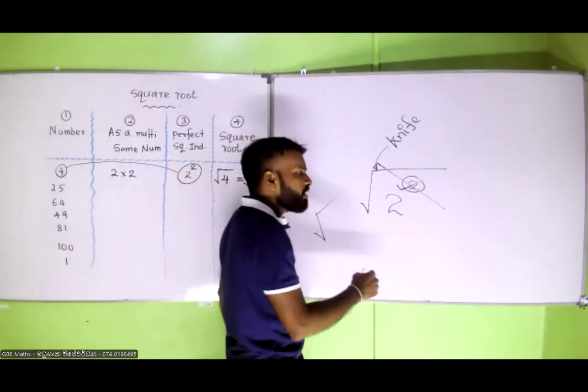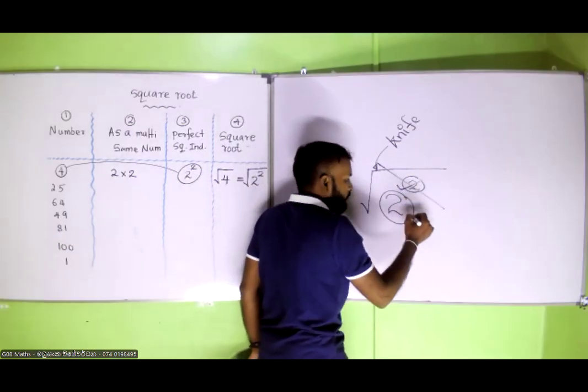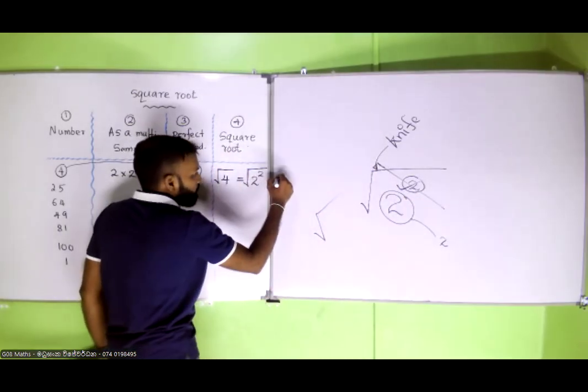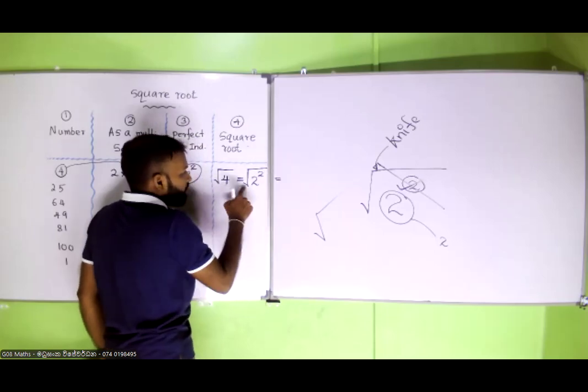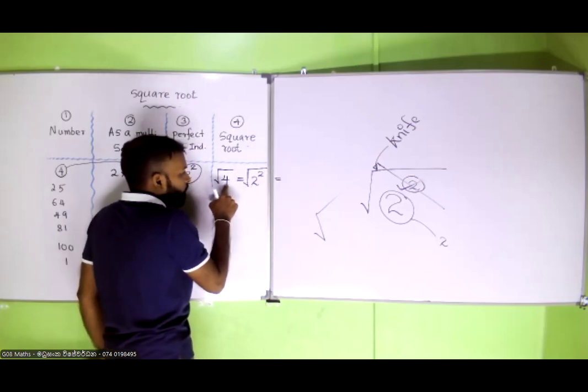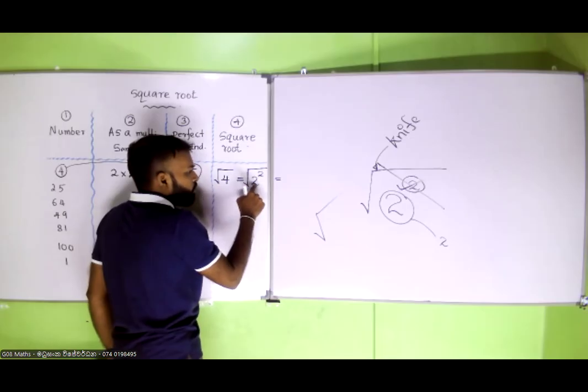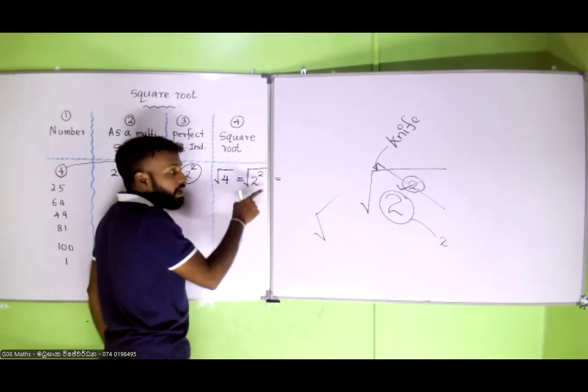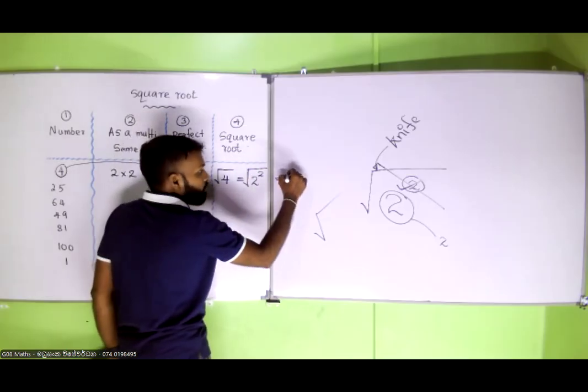So what is the remaining number? The remaining number is 2. So the square root of 4 is equal to the square root of 2 to the power 2. Here you are going to cut the power 2, so the remaining number is 2.